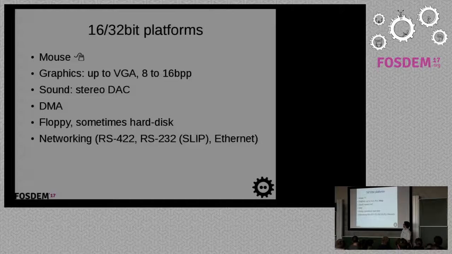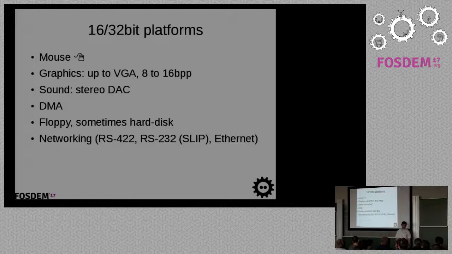Yeah, so those platforms were a bit better. Most had a mouse and graphics up to VGA or something. Sometimes 256 colors, sometimes better. Most had sound, and usually floppy drives. And lucky people had a hard drive, and it was getting better for networking.